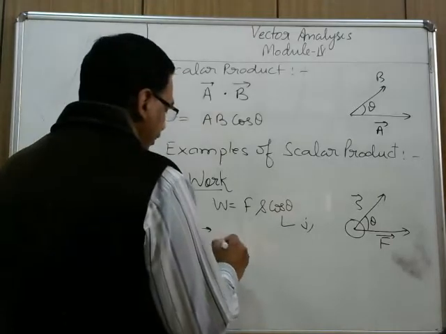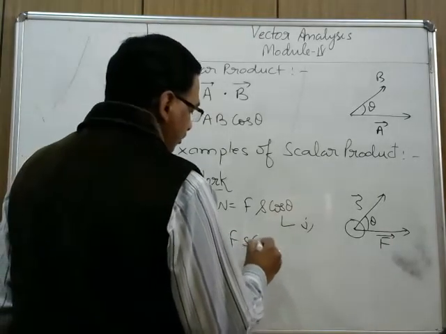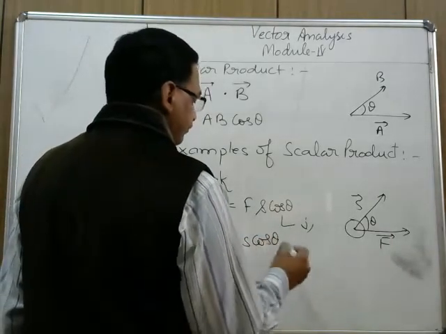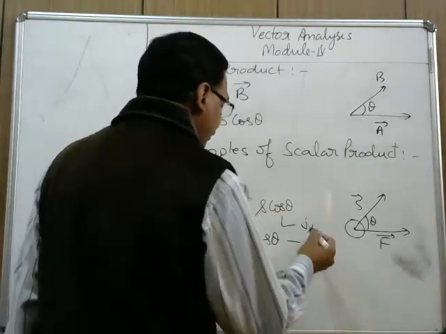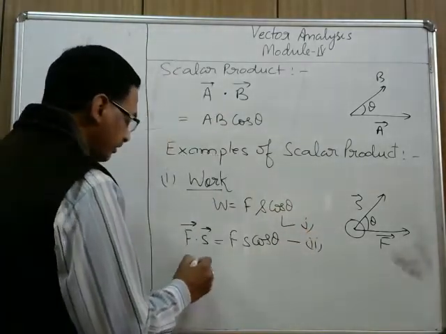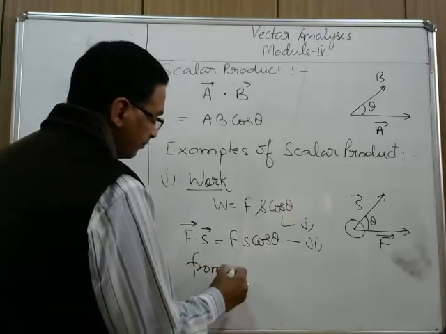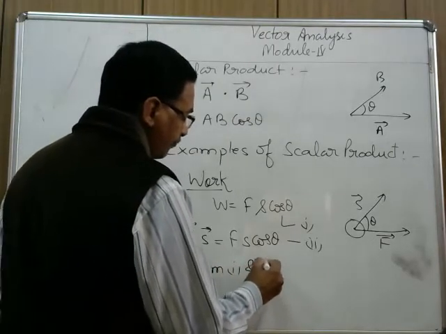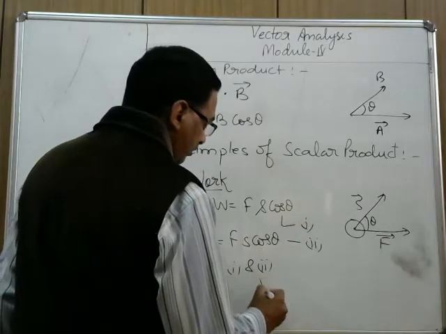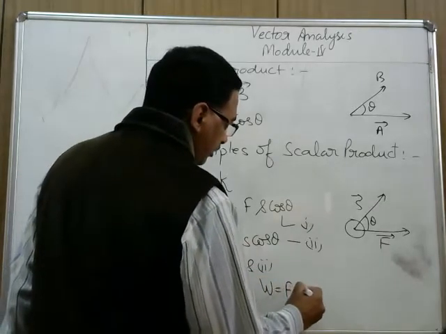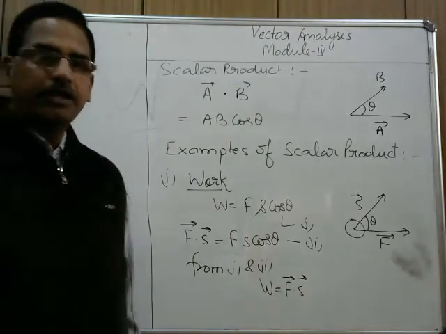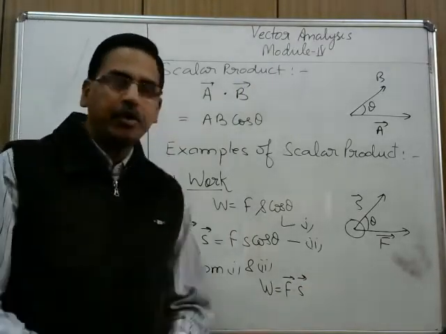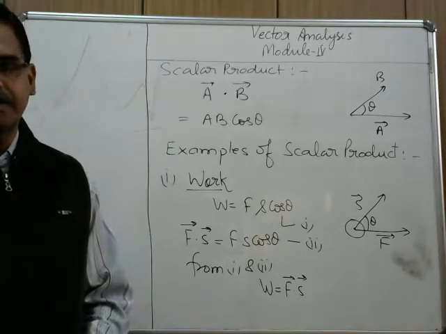Therefore, F dot s is equal to F s cos theta by definition. So this is second. From first and second, we conclude that W equals F dot s. That is, work done is the scalar product of force and displacement.